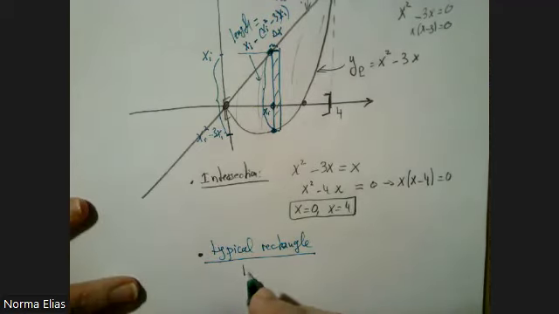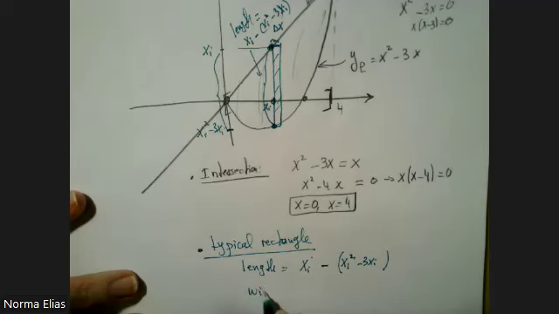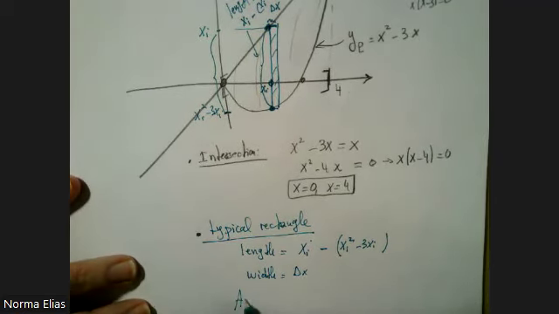Then the length of it is the upper value minus parentheses the lower value. The width is the little bit delta x. This is the one that you want to be very small. The area is the length times the width.